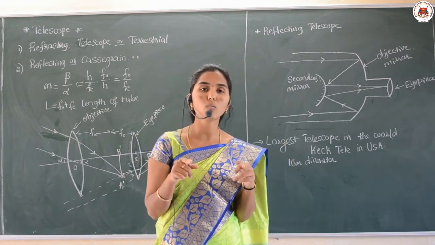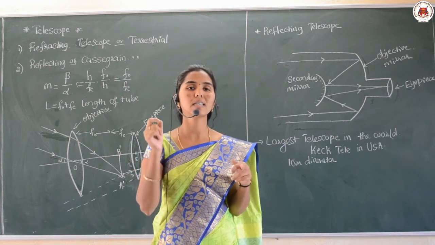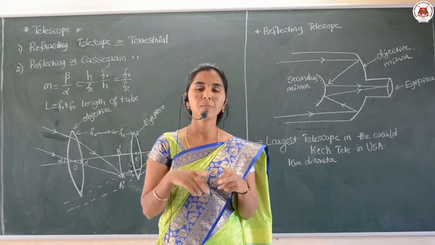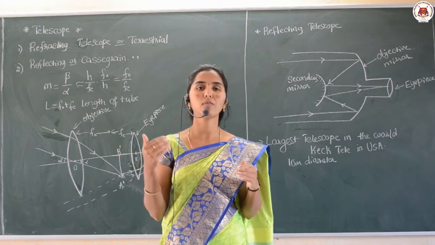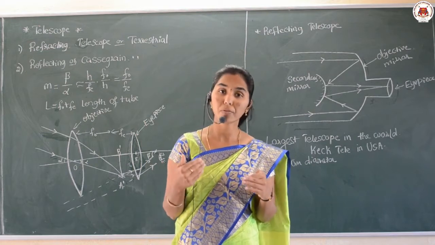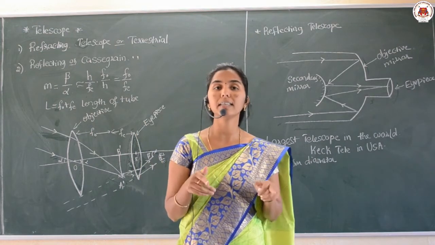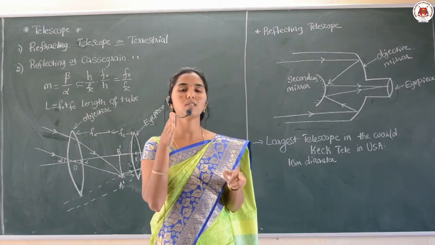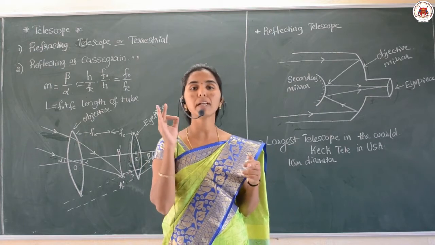There, d is the near point or the least distance of distinct vision, and f is the focal length of the lens used in the simple microscope, right? And it is taken when the image is formed at the near point, which we call the normal adjustment of the microscope.